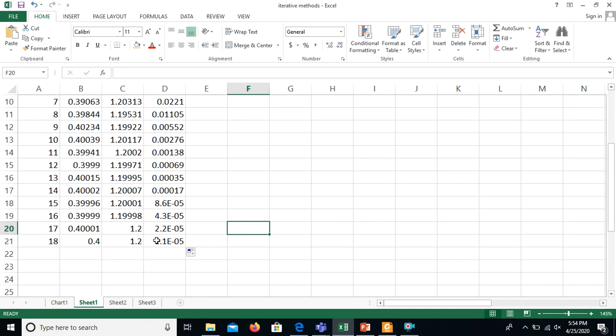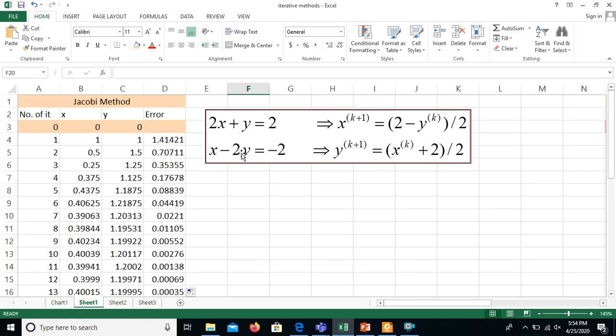The error will not decrease, it would rather increase. That is something which is the character of matrix A. Like we said, we require a positive definite matrix, or at least a diagonally dominant matrix.